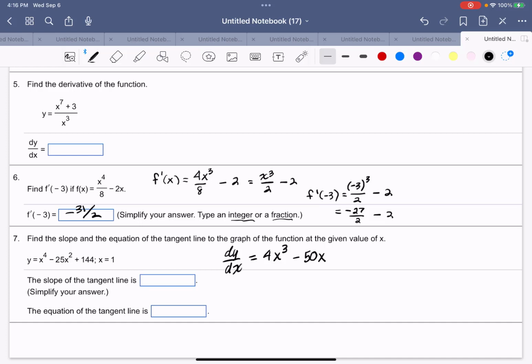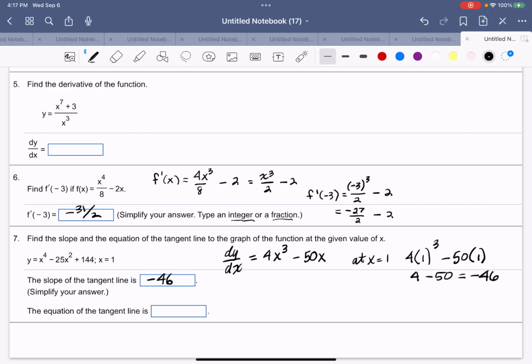Now, we're going to evaluate this at x equals 1. So that's going to be 4 times 1 to the 3rd minus 50 times 1. So that number is 4 minus 50, which is -46. So the slope of the tangent is -46.